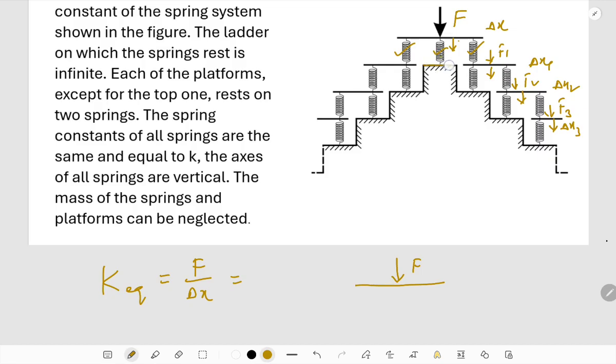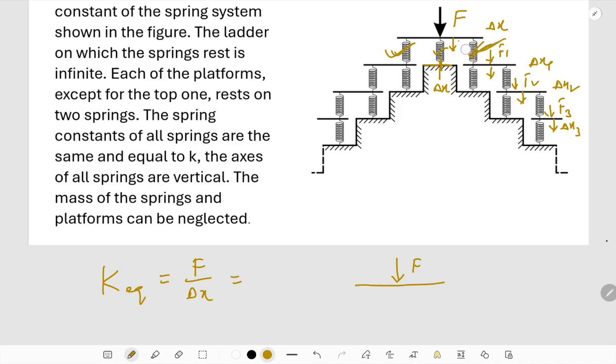This middle spring is supported by a rigid platform beneath it, so it can only be compressed by a length delta x, whereas the extreme left or extreme right springs will not be compressed by exactly delta x.